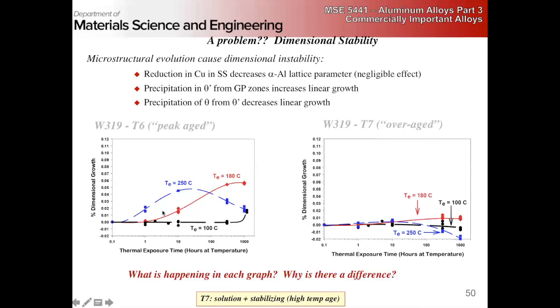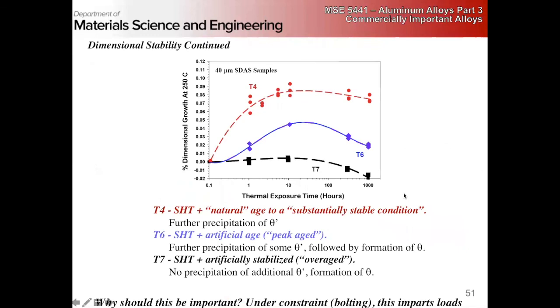Describing what's happening in each graph, right? This is another easy type of exam question. If we look at what happens under different temper and treatment designations, we get different curves with respect to the thermal exposure.